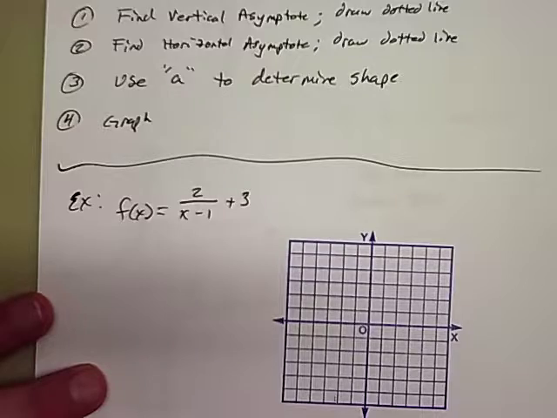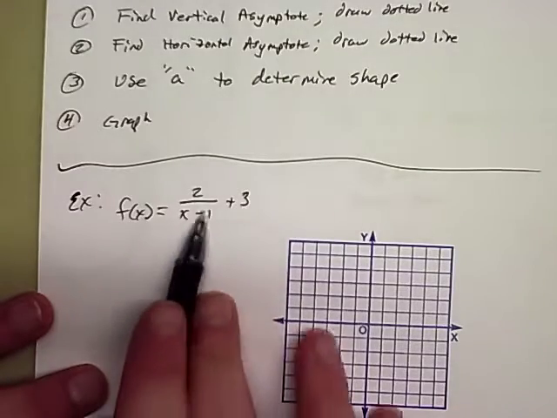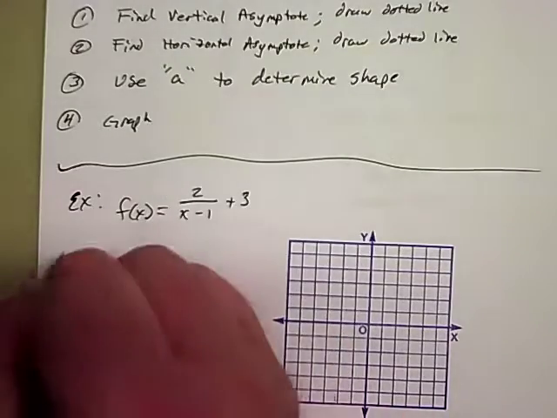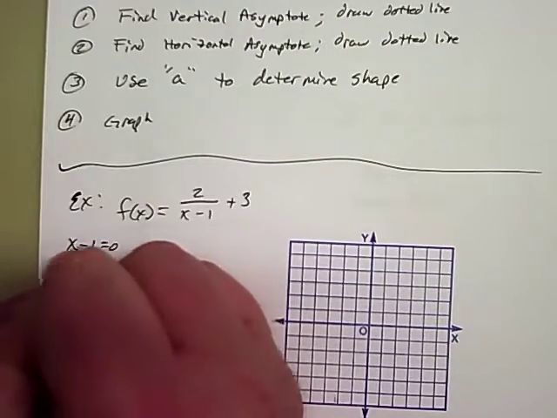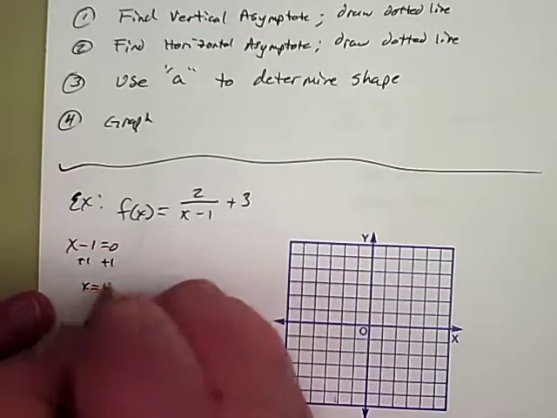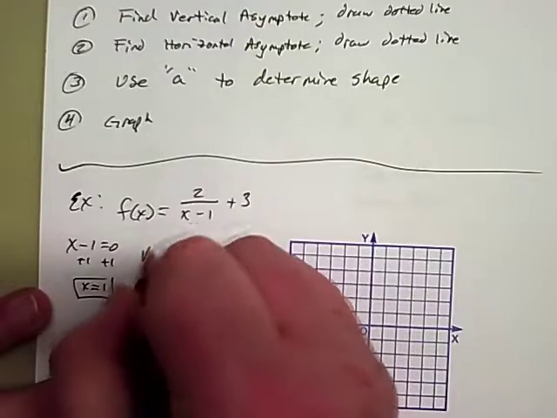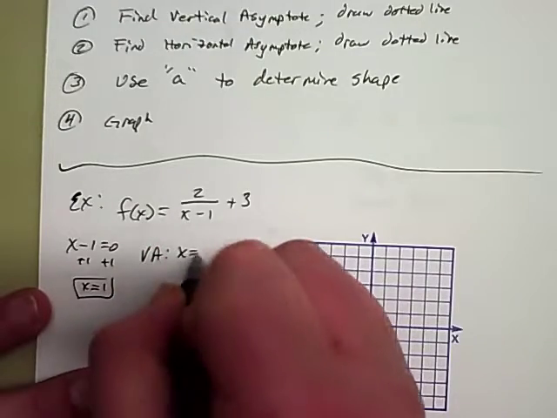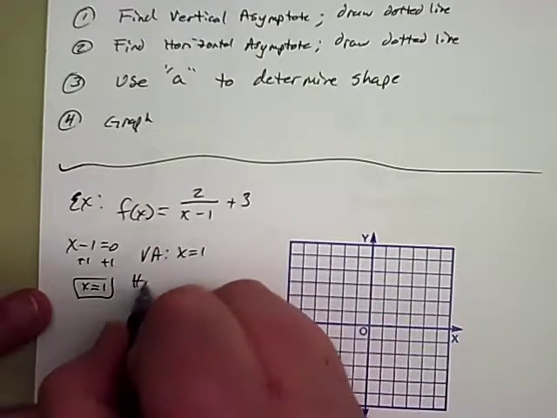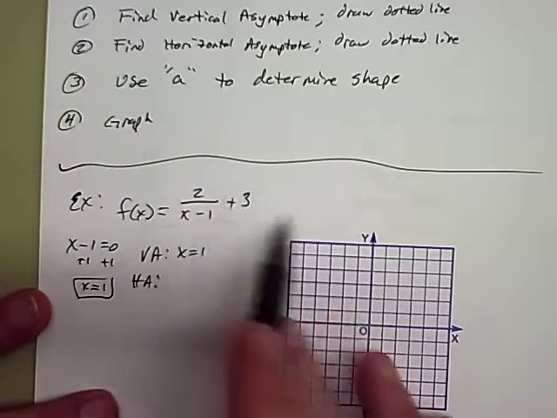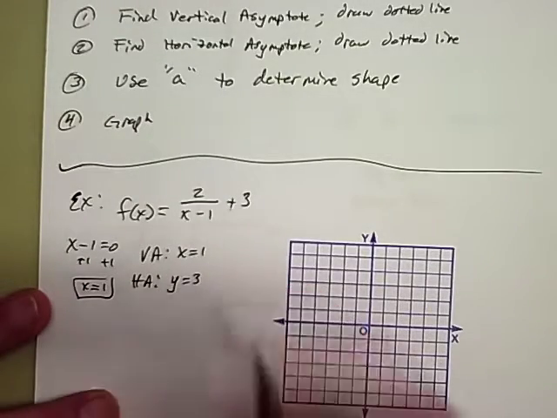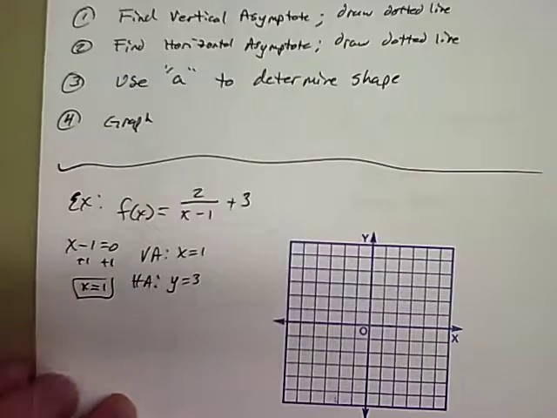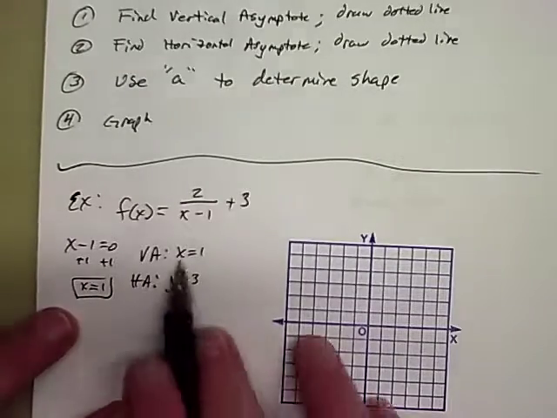All right, so as we saw in the last video, the vertical asymptote, I'm going to set x minus 1 equal to 0, so x minus 1 equals 0, plus 1, so x equals 1. My vertical asymptote is x equals 1. My horizontal asymptote, it's a 3, so I get y equals 3. So when I go to graph this, I want to put a dotted line on x equals 1.